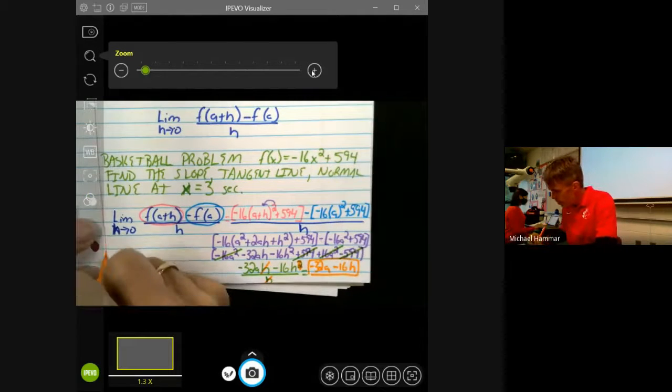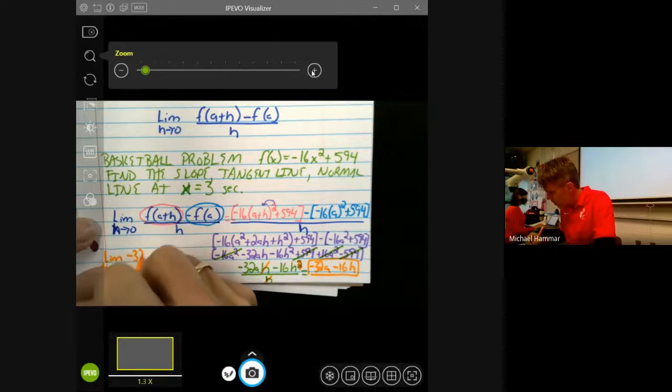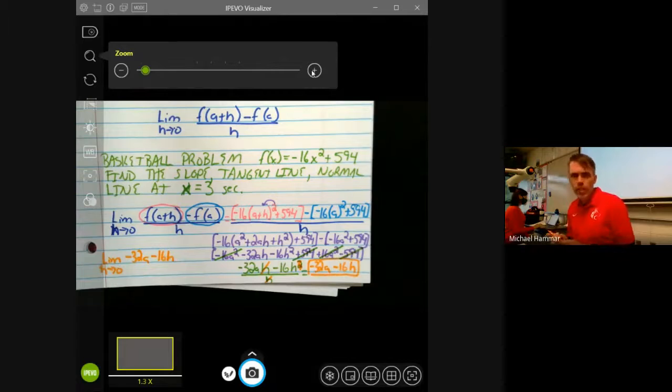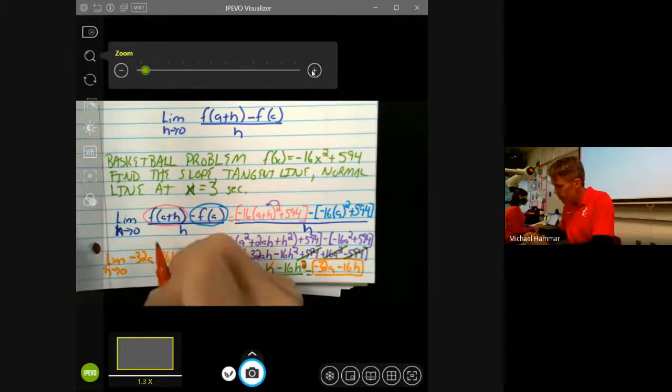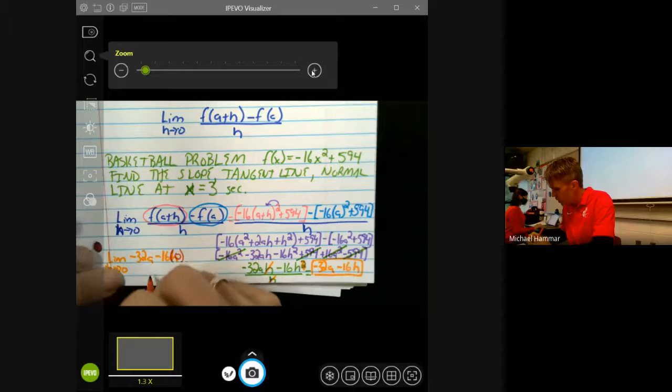But here's the problem. We need to find the limit as h approaches 0 of that function, negative 32a minus 16h. The only way to go ahead and do that is to do direct substitution. So we directly substitute 0 in for h. So this h right here is going to become a 0. So what are we left with? The derivative of the function.